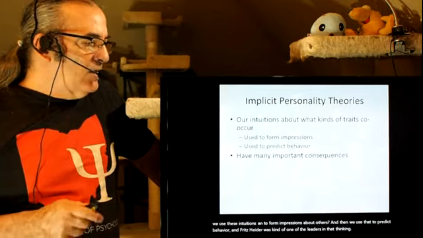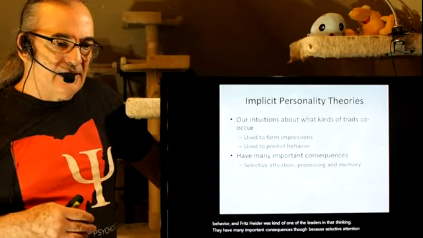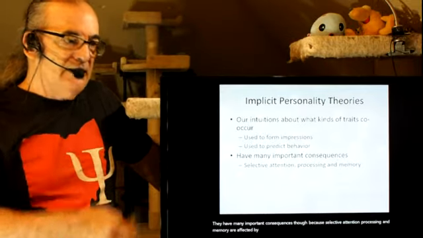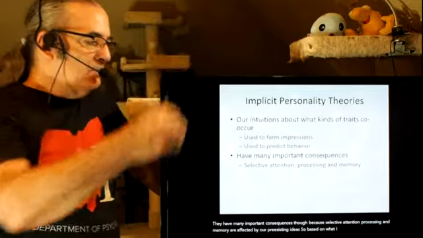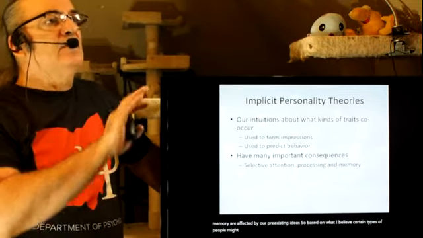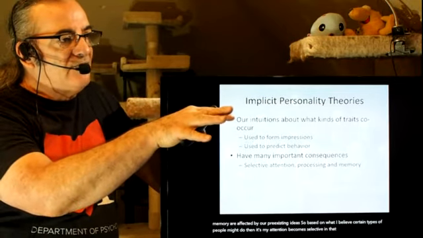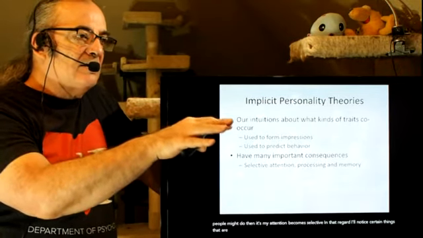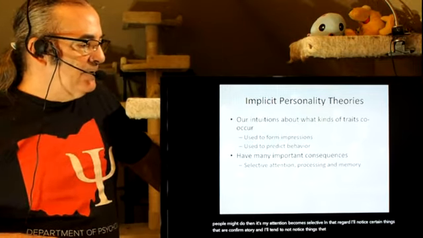They have many important consequences, though, because selective attention, processing, and memory are affected by our pre-existing ideas. So based on what I believe certain types of people might do, my attention becomes selective in that regard. I'll notice certain things that are confirmatory, and I'll tend to not notice things that disconfirm my initial impression, right?